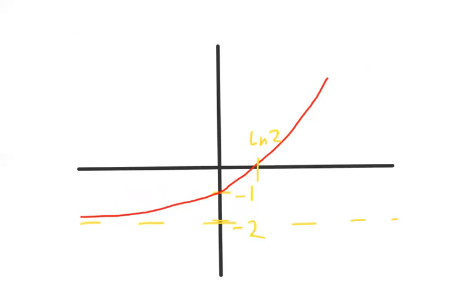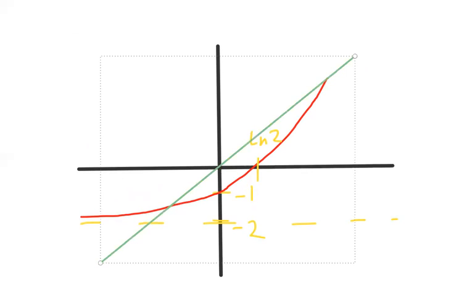So for the inverse, we'll first draw the line y equals x. So this is the line y equals x, and now we'll reflect the graph. First we'll reflect the asymptote. The horizontal asymptote will become a vertical asymptote at x equals minus 2.